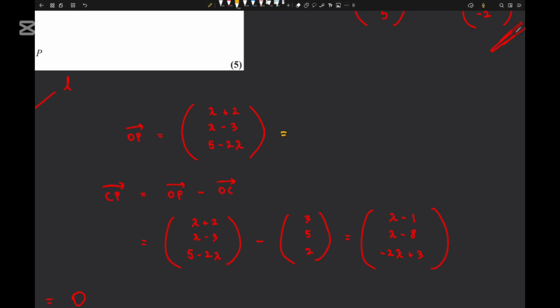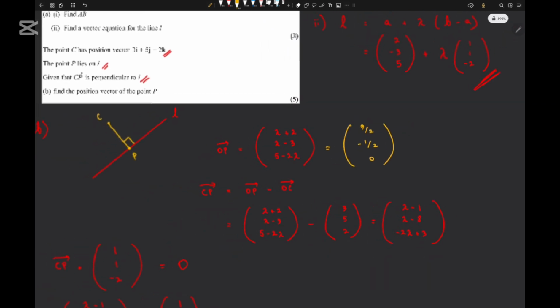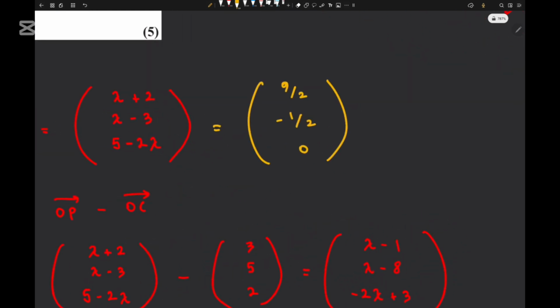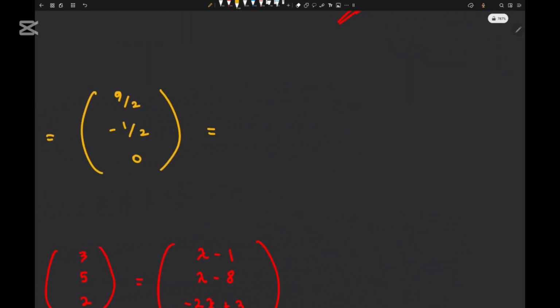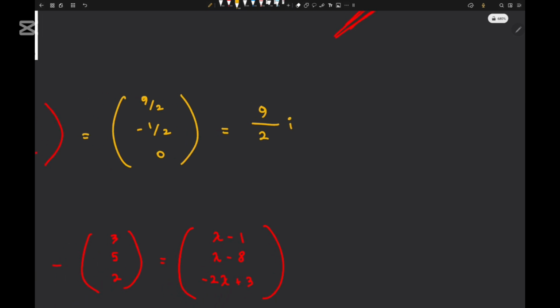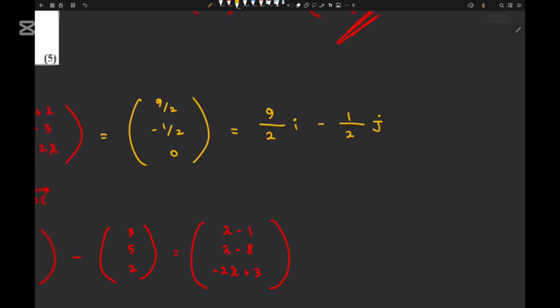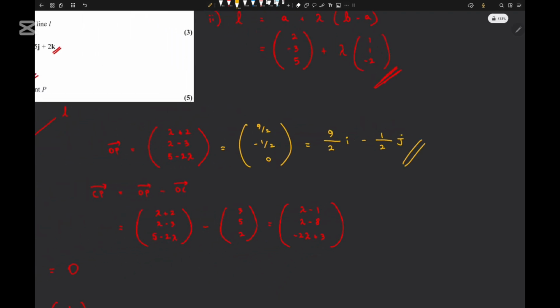So it's 9 over 2, minus 1 over 2 and 0. Since they're talking about the position vector, we need to write this in i and j format. So it's 9 over 2 i minus 1 over 2 j. So this is the answer.